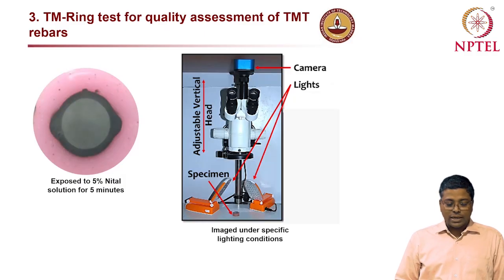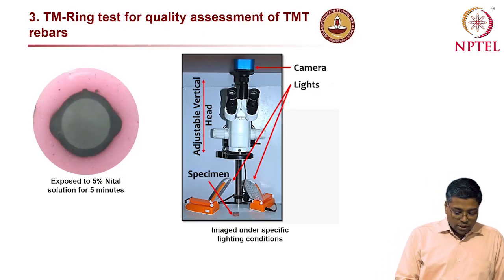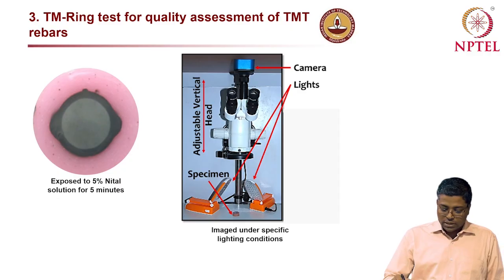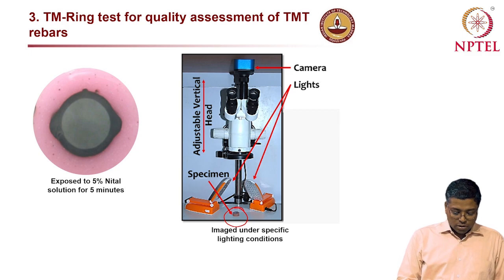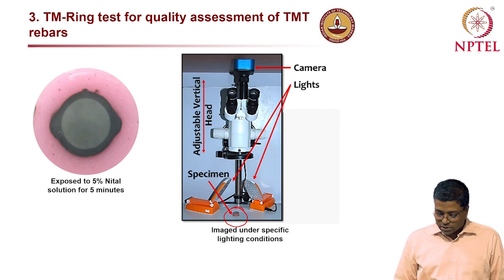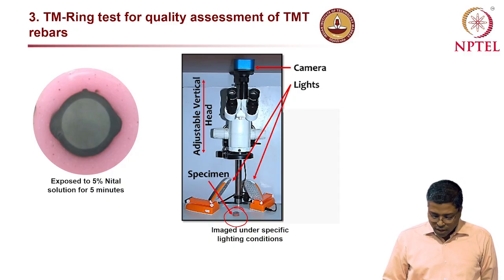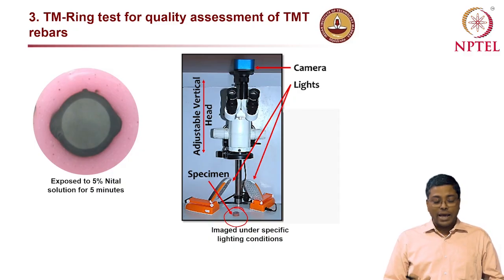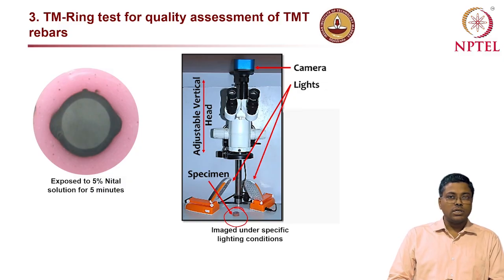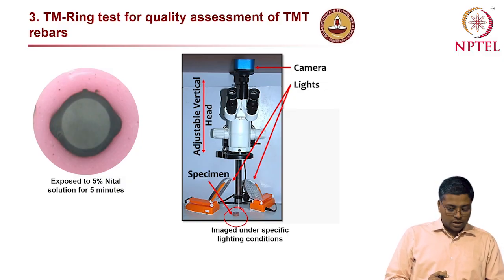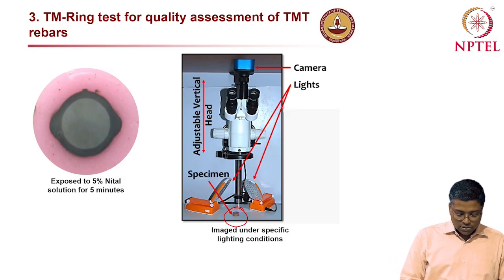So this is how the test setup is. On the right side, what you see is the test setup, where at the bottom you see a small test specimen. On the left side you see the test specimen kept at the bottom of this camera. If you have proper lighting, you can cut the steel cross section and then etch the steel surface using a 5% nital solution.